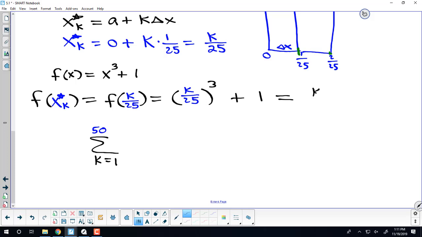Let's write it as k cubed over 25 cubed plus 1. So that's the thing that has to stay in front of the summation. We have to sum k cubed over 25 cubed plus 1. And then multiply by our delta x.